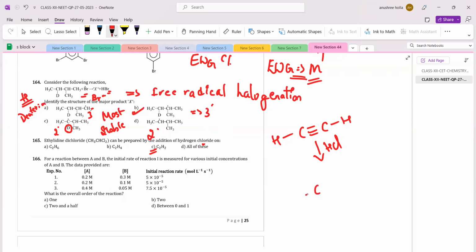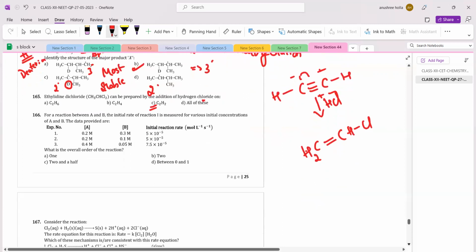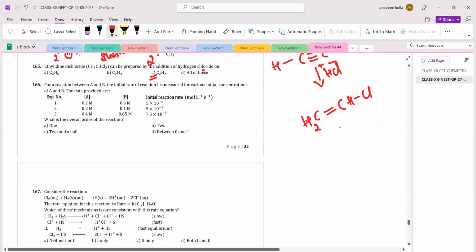So here since this is a symmetrical alkyne, I can add H and Cl to any of the carbon atoms. So I'll just add hydrogen to this, double bond, CH, Cl. Okay, I can take this as negative, positive, and I'll be adding this positive and negative to either carbon. So again, I'll be adding hydrogen chloride to this.